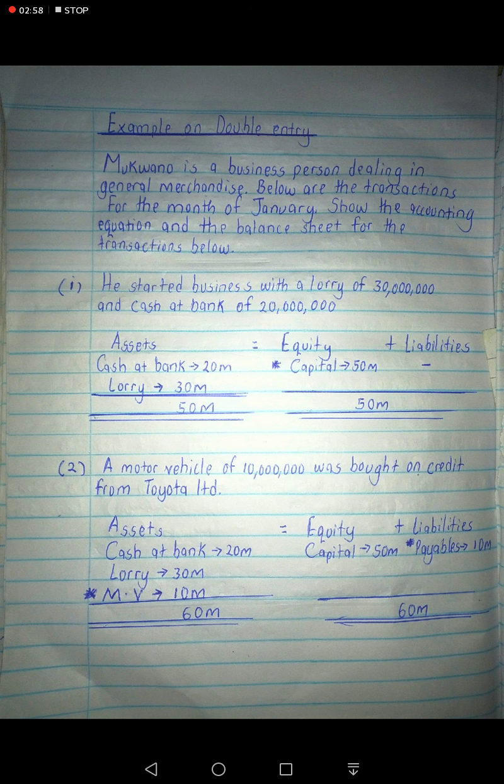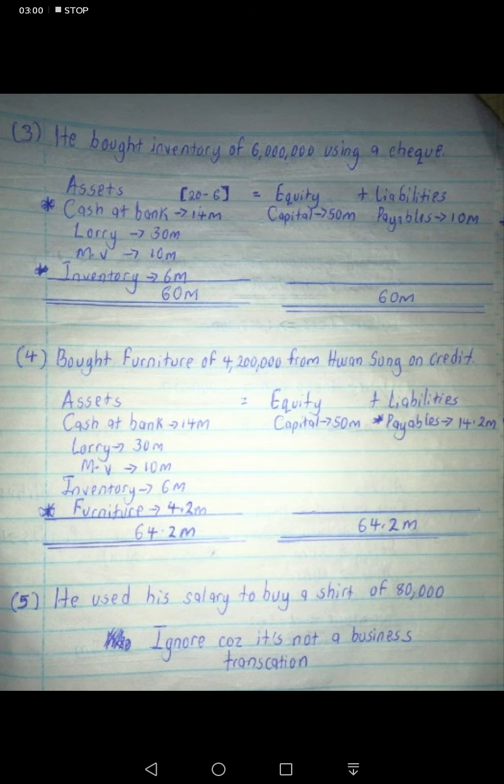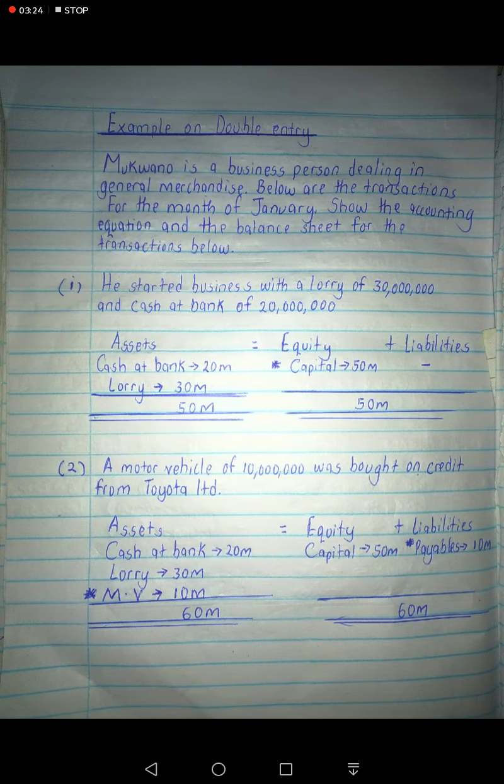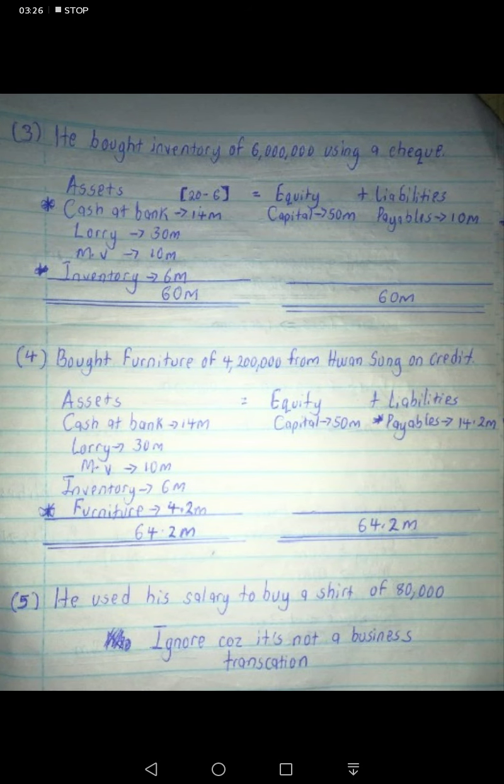So moving on to the next, I already told you that we keep record of our previous transactions. Then they are saying he bought inventory of 6M using a check. So here, what is being affected? You should always know what is being affected. What is being affected is bank and inventory. Cash at bank previously was 20M, but now I subtract 20 minus 6, because I'm paying for inventory, so I remain with 14M at cash at bank. Then lorry remains the same 30M, motor vehicle remains the same 10M.